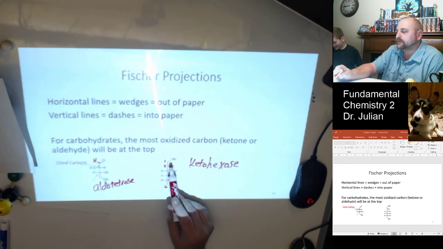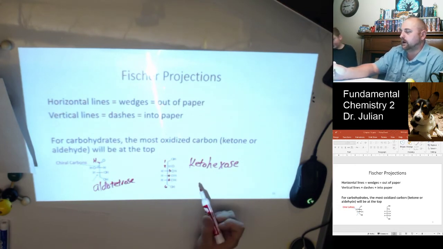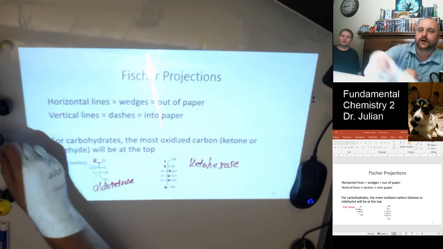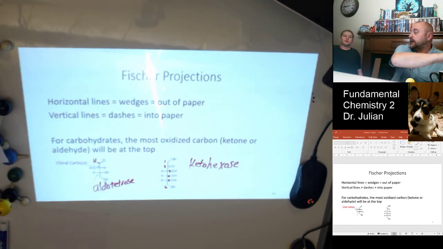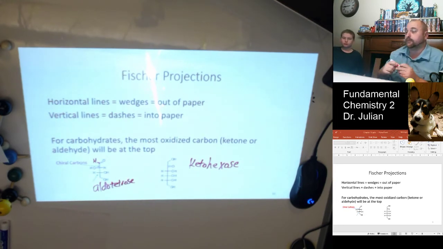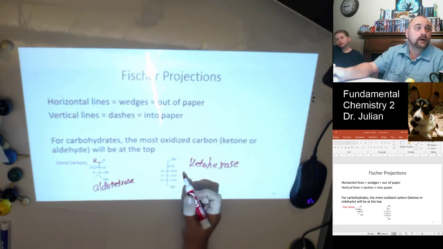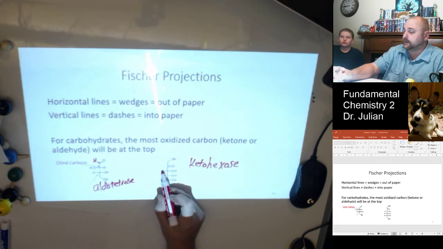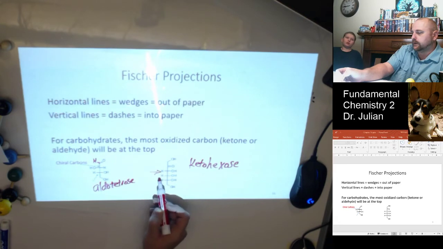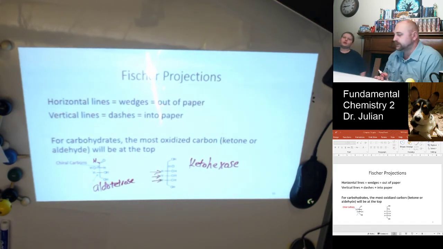With this one, we can also see how many chiral centers it has. A chiral center is a carbon with 4 different groups. So I might ask, how many chiral centers does it have? Those are the places that go across. So this has 1 there, 2, and 3. 3 different chiral centers.